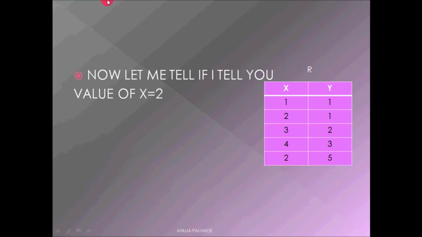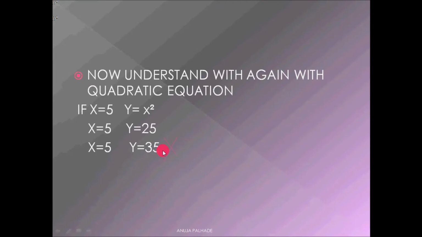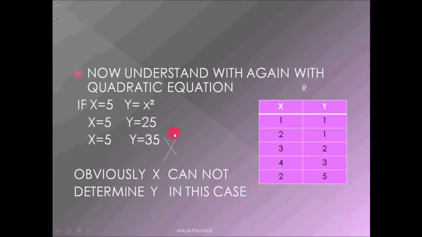So the same case will be applied here. If the value of x is not changing, you can't change the value of y in the functional dependency if you are saying x determines y. So this is wrong in this case. Obviously x cannot determine y if the repetitive value of x shows two different values.